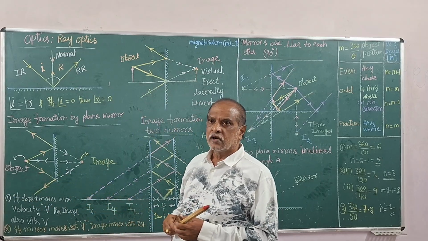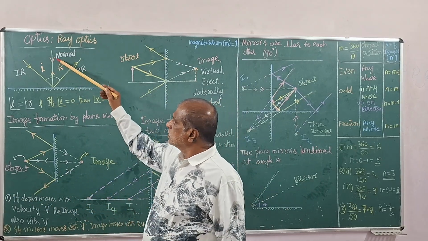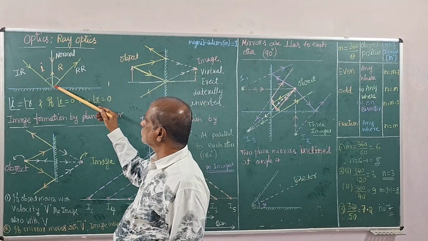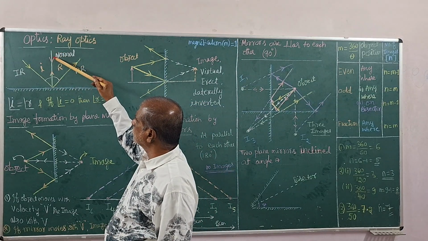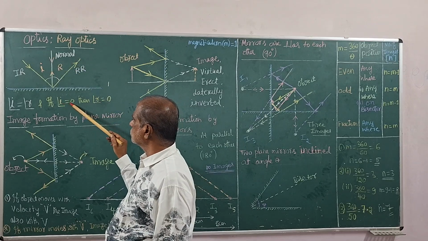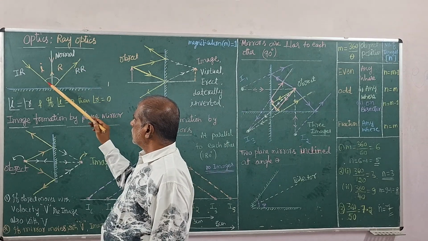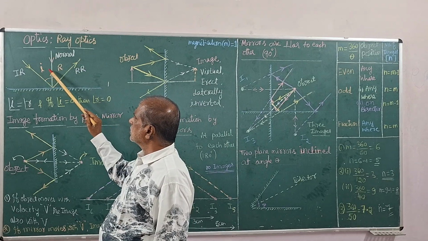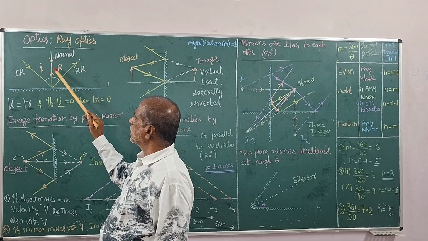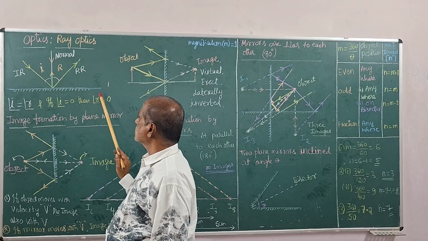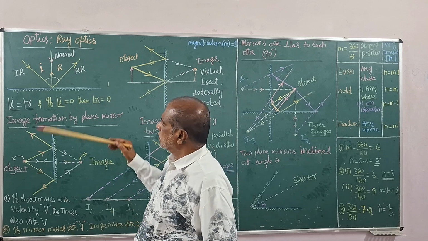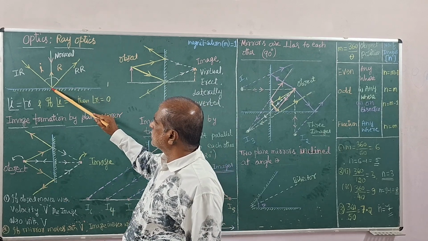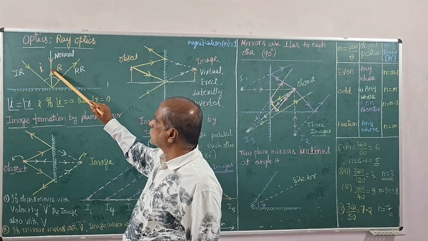If the incident ray lies along the normal, that is I equals 0, not making any angle with the normal, then R is also equal to 0. It means the reflected ray is in the same line but in the opposite direction.